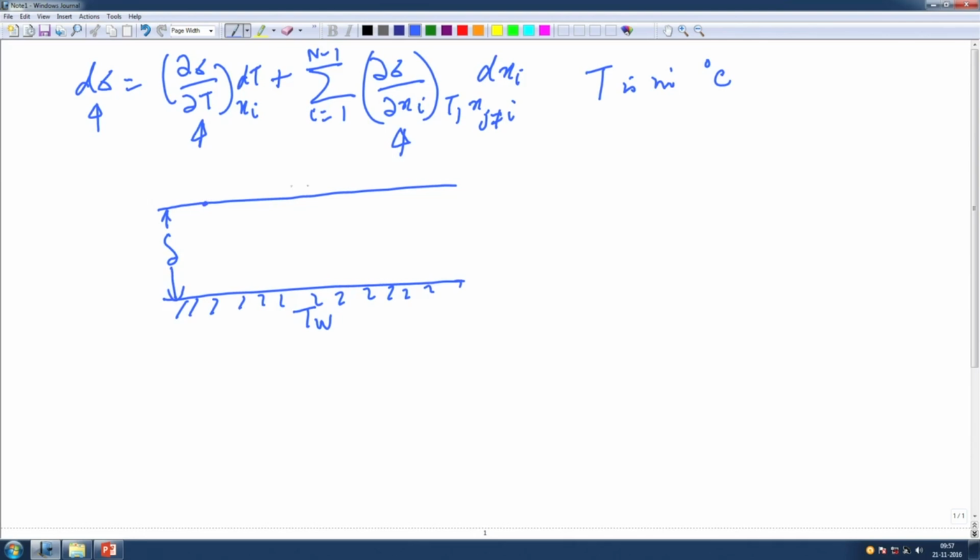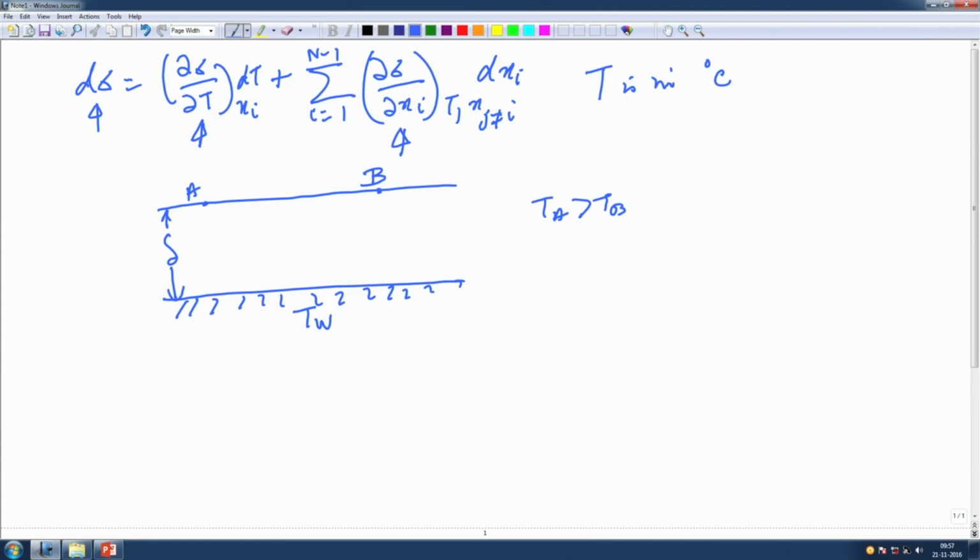Now at 2 points on the surface, let us take a point A and a point B. In this point A and B, what we can see is the temperature at point A is more than the temperature at point B.